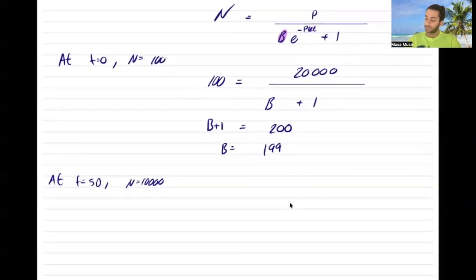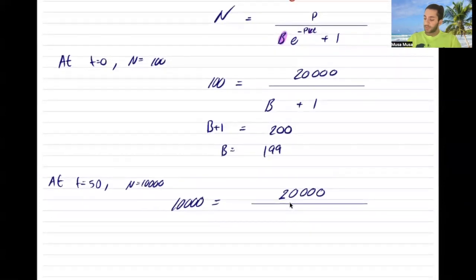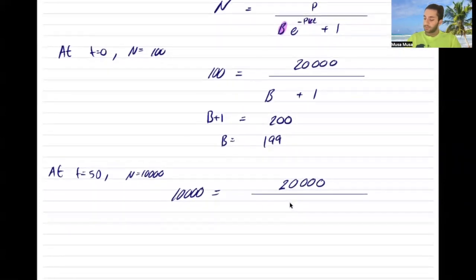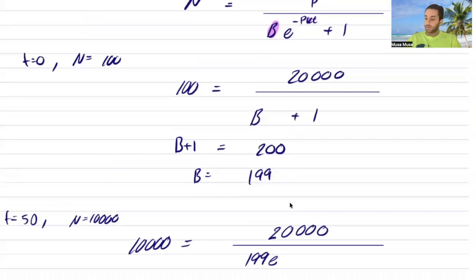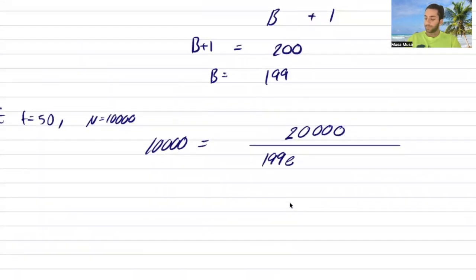So now, 10,000 equals 20,000 over, and then this is going to be minus pkt.